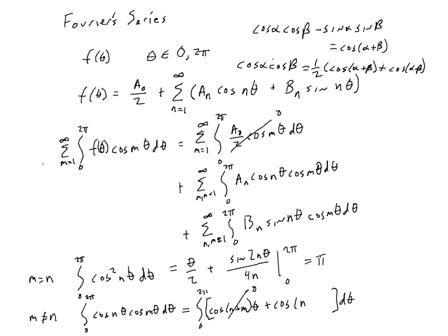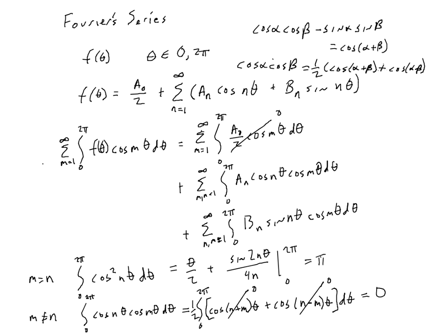This would be cosine (n minus m) theta, and we put a factor of a half in front. When you integrate that, this is an integer, this is an integer, so you get 0. So that means that if n and m are not the same, this integral is going to come out to be 0, right?